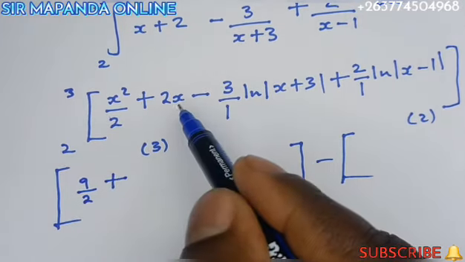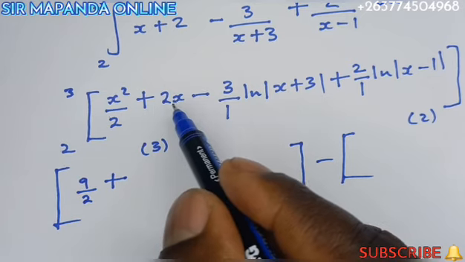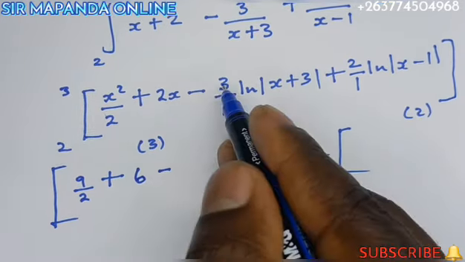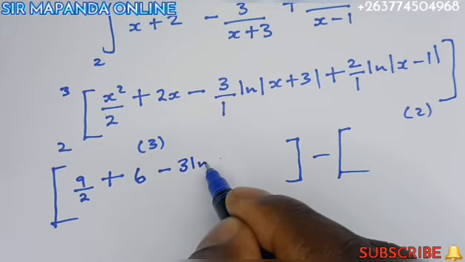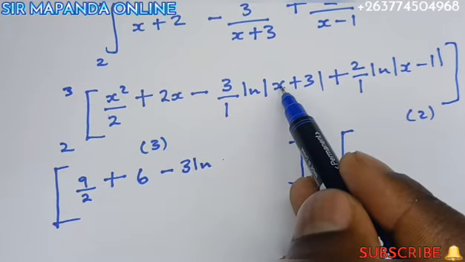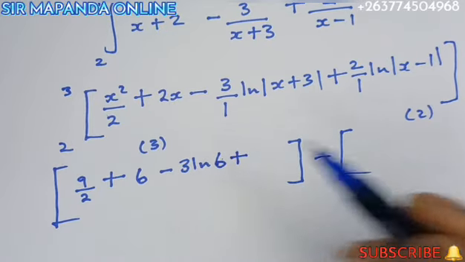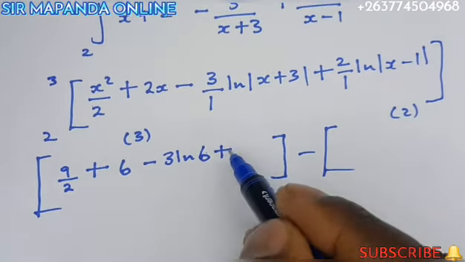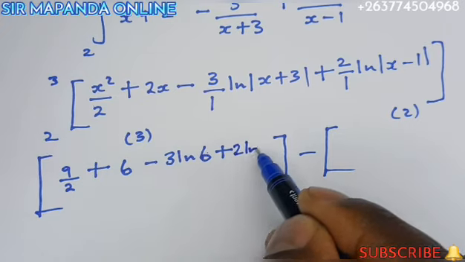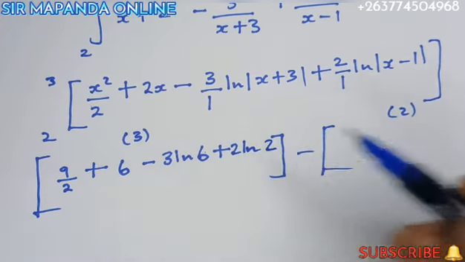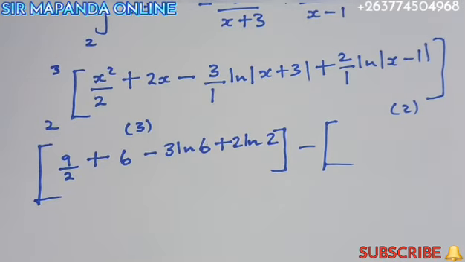Plus, if you put 3 on x, 3 times 2, it gives you 6. Minus 3 over 1 is 3 ln, 3 on x plus 3, you get ln 6. Then 2 over 1 is 2 ln, 3 on x, 3 minus 1, you get 2. So this is the substitution of 3.